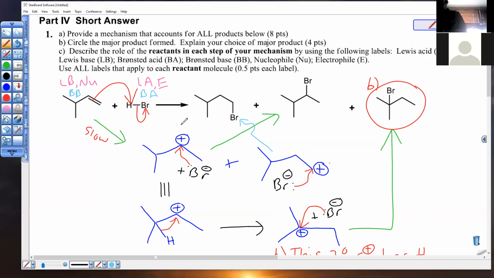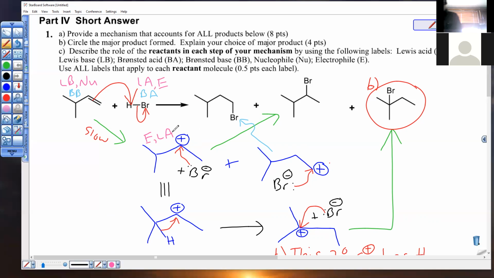Okay, so now we've got these guys all doing the same thing. Every cation's reacting with a bromide here, here, and here. Same labels each time. The cation's accepting electrons. It's an Ela. I'm going to put them in that order from now on. Ela sounds more like a name to me. You cannot put Bronsted acid on this one.